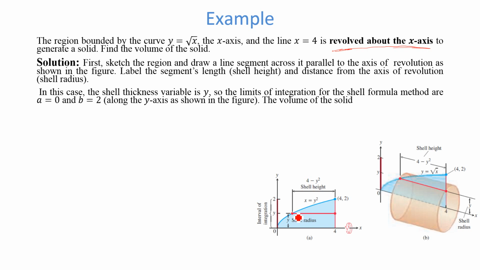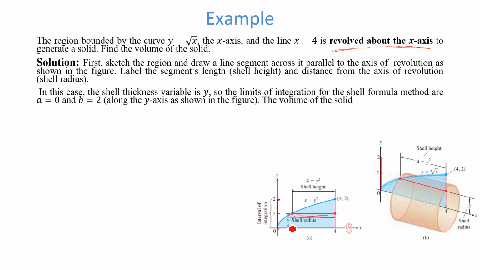Now in this case, shell height will be this distance, because we are going to subdivide this interval into subintervals and draw the rectangle. So this is our rectangle. What is the length of this? We have to find the height, and what is the radius?